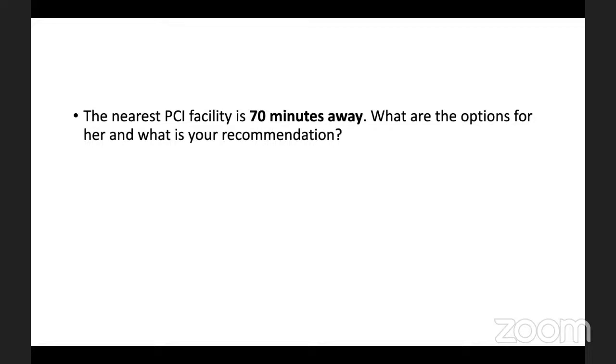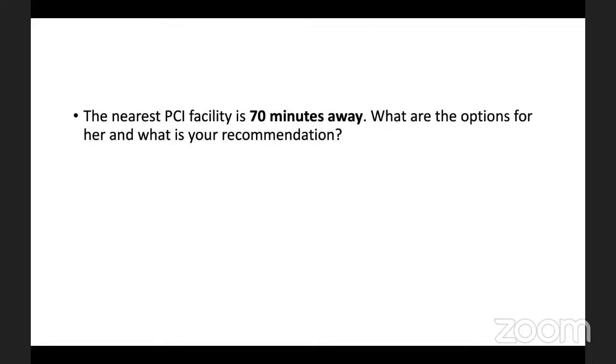It's like door to balloon and door to needle. Door to needle is 60 minutes and door to balloon 90 minutes. Okay, so this patient is 70 minutes away from the PCI. What do you want to do?